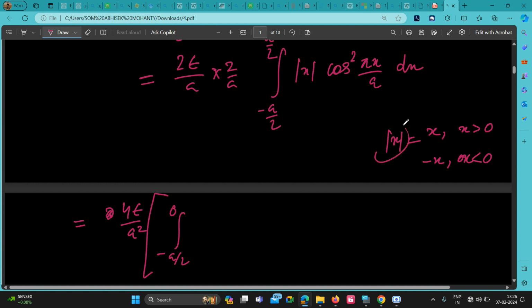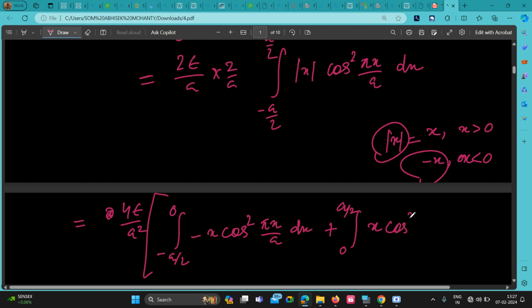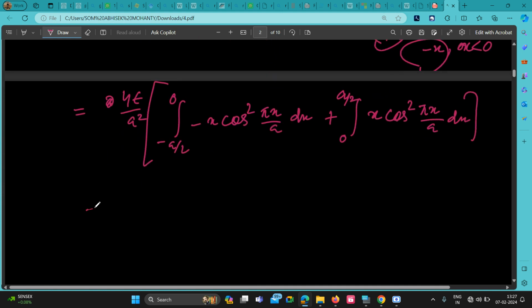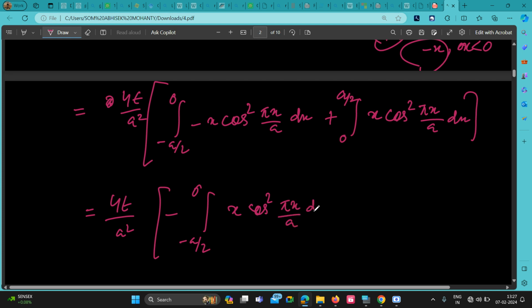Between this, what will be the value of mod x? Minus x, because it is less than 0. So minus x cos square pi x by a dx plus 0 to a by 2, x, which is positive, x cos square pi x by a dx. So 4 epsilon by a square, and the minus comes out: minus integral from minus a by 2 to 0 of x cos square pi x by a dx plus integral from 0 to a by 2 of x cos square pi x by a dx.